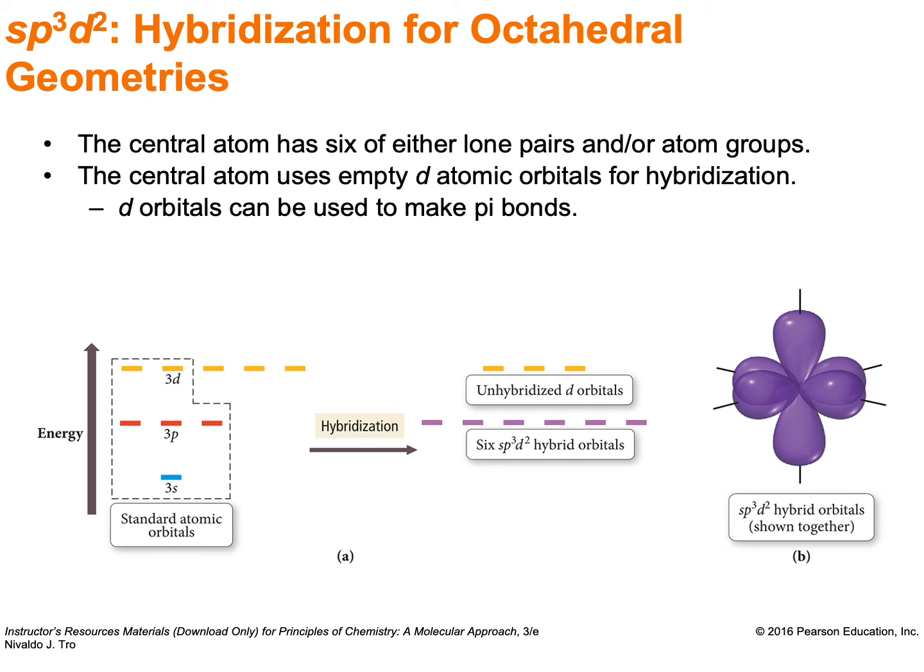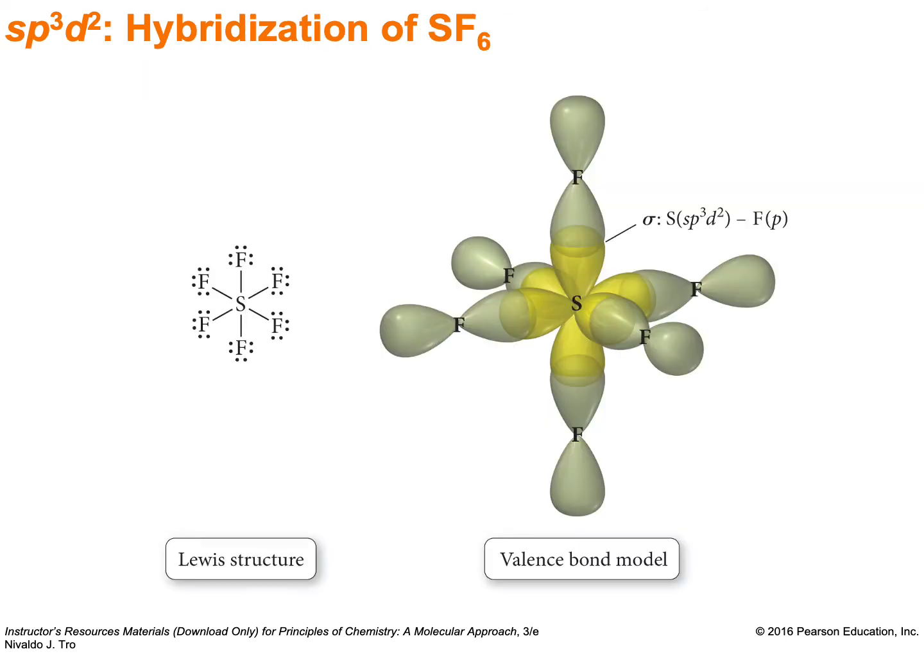And lastly, we come to electron geometry of 6, octahedral, and equal energy hybridization occurs to form hybrid orbitals using 1 s, 3 p's, and 2 d's to form 6 equal energy sp3d2 hybridized orbitals, as shown below.